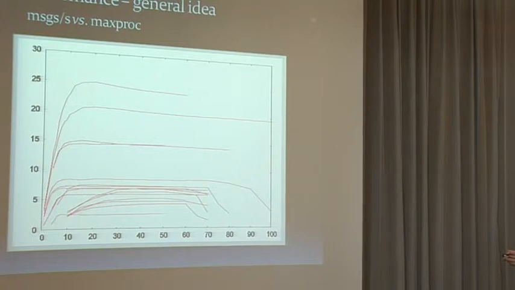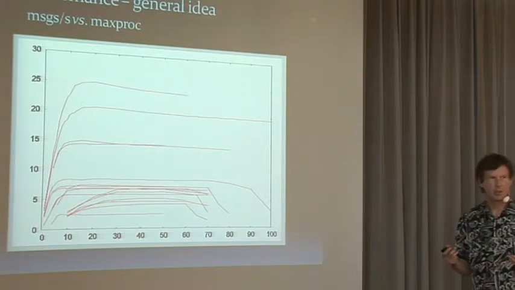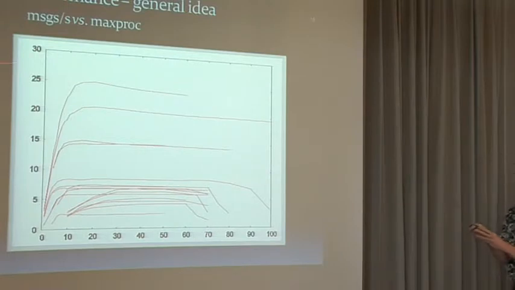As you run more parallel processes, you can run more messages per second. This is mail throughput, messages per second or messages per hour, through your whole system. Of course, up to some saturation point, at which point the performance levels off. You add more processes, nothing happens.